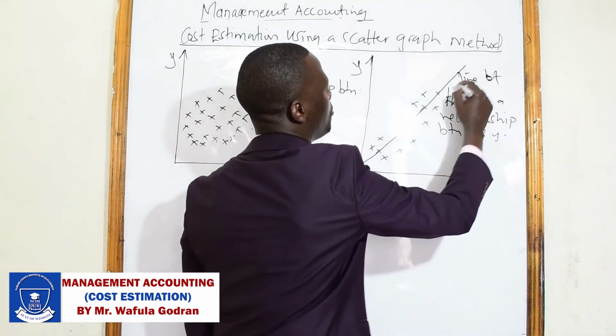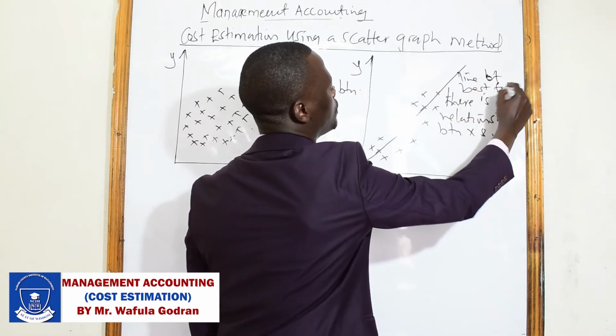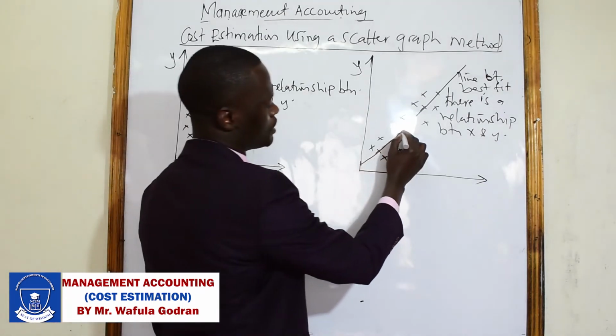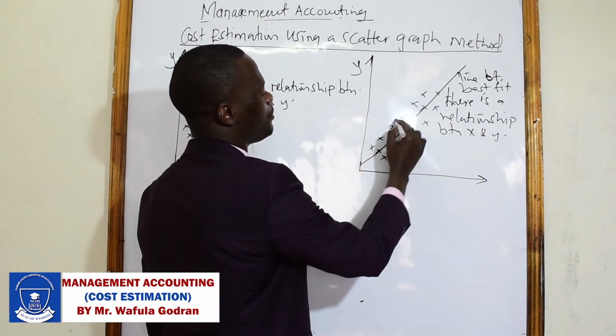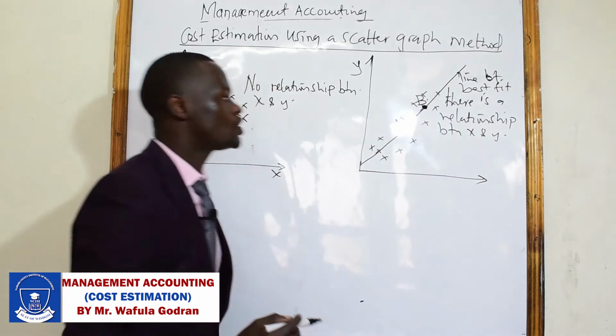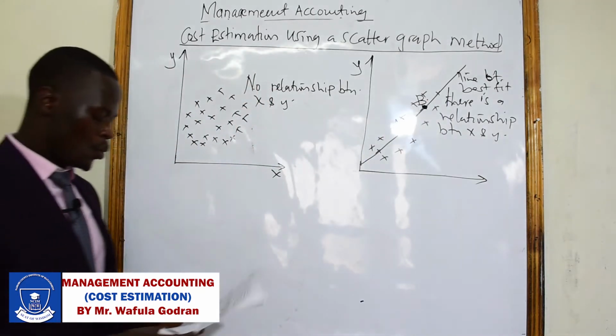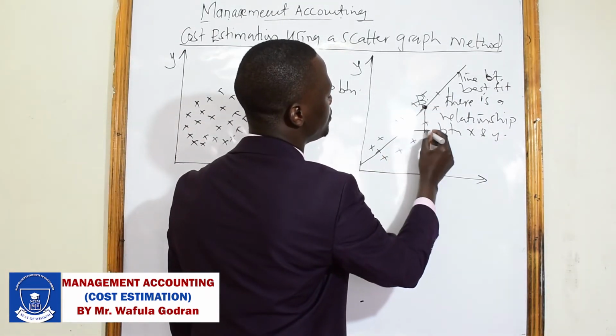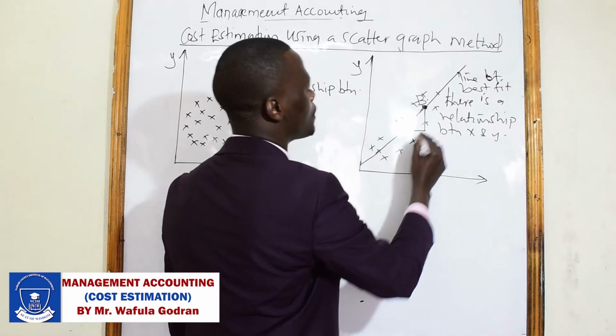So on this line, we pick this point and name it A, and we pick this other one and name it B. With these 2 points, we establish the slope. Other books call it gradient.